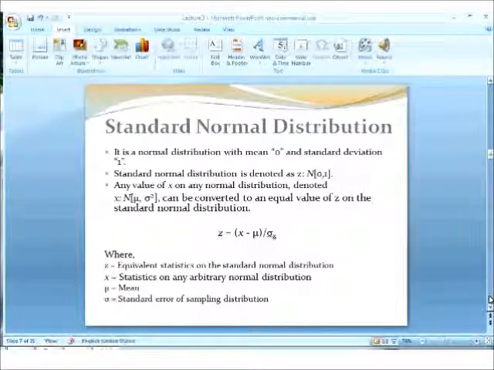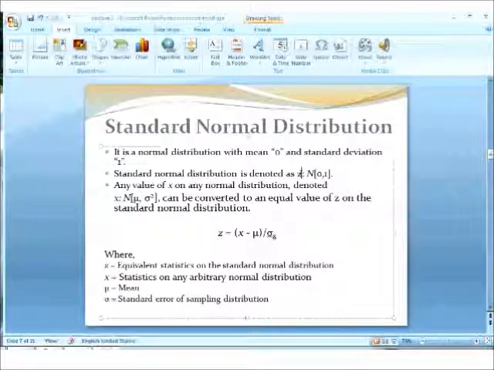Now the standard normal distribution has mean 0 and standard deviation of 1. And this is how we denote the standard normal distribution: Z is equal to normal with mean 0 and variance 1. Now, if I say variance or standard deviation, it is interchangeable because the square root of 1 will be 1 as well.